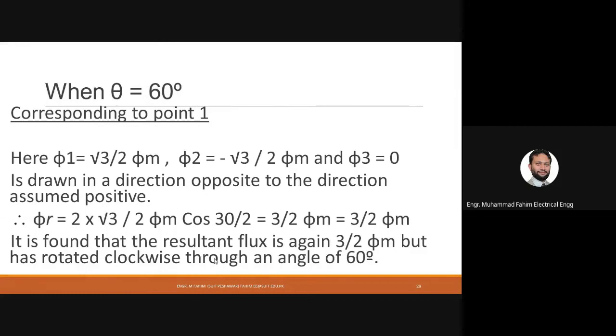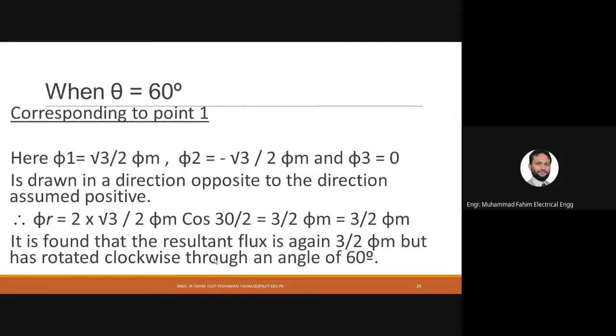here phi 1 is equal to root 3 divided by 2 phi max. Phi 2 is now minus root 3 divided by 2 phi max, and phi 3 is equal to 0 here. It is drawn in a direction opposite to the direction assumed positive. Now the resultant flux phi r is equal to 2 into root 3 divided by 2 phi max cos of 30 divided by 2.